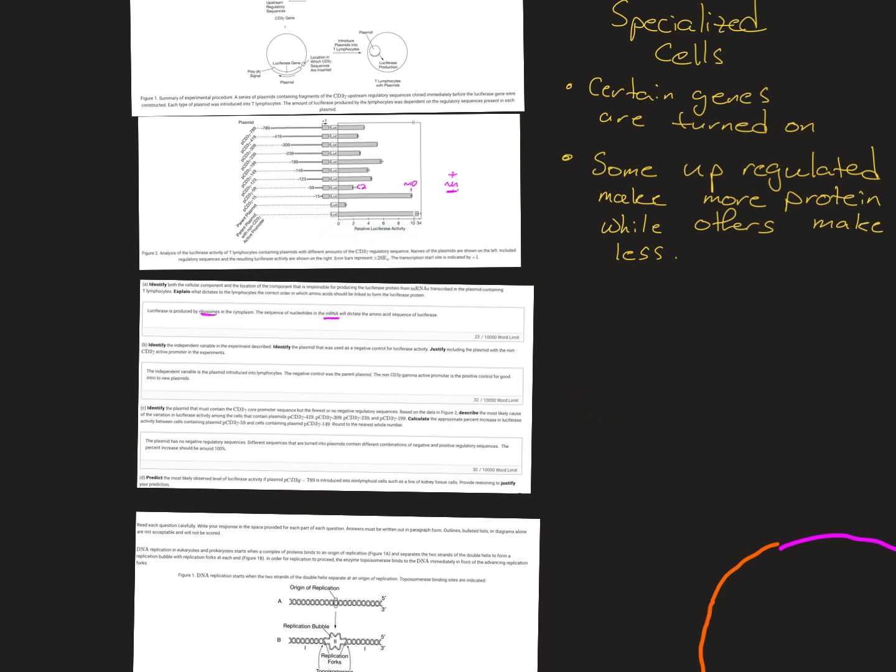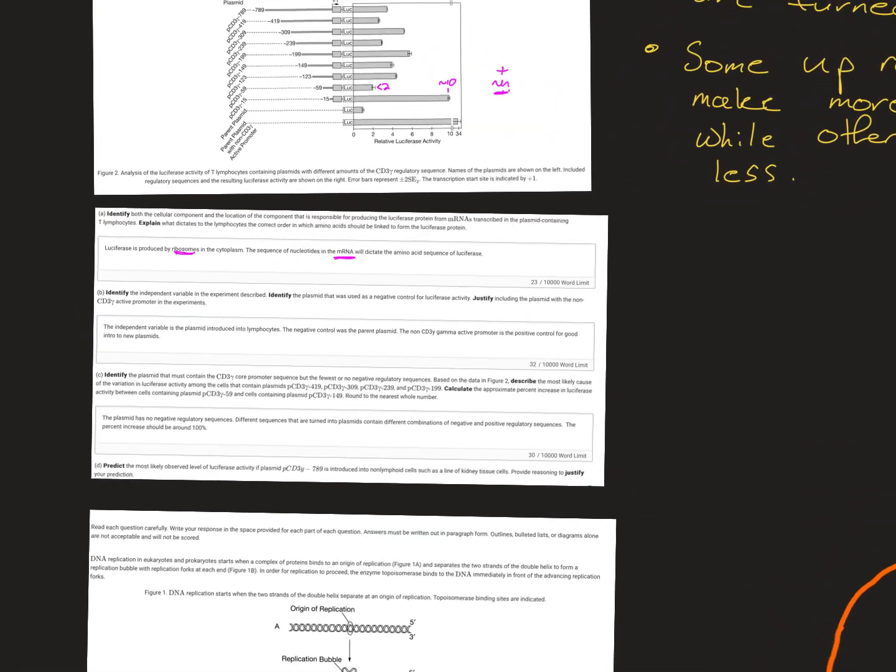So the more or less you have, that changes how much luciferase is being made. All right. So let's see, independent variable is plasmid introduced to lymphocytes. That's true. How much of the plasmid itself, or how much of the regulatory sequence is added, is the independent variable.